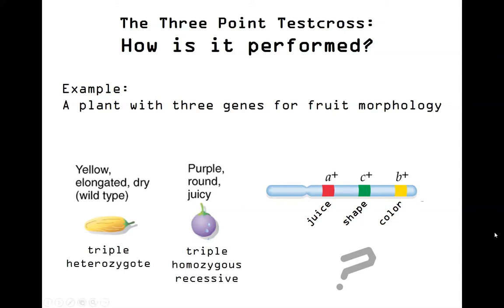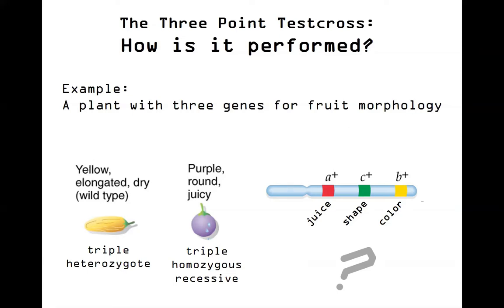So let's start out with how we actually set up this 3-point Testcross. The word Testcross is in there, so that means there's going to be a cross. It's important to take into account the actual genotypes of the parents we're about to use. One is a triple heterozygote, which means that it is heterozygous for all 3 of these genes, all 3 of these traits.